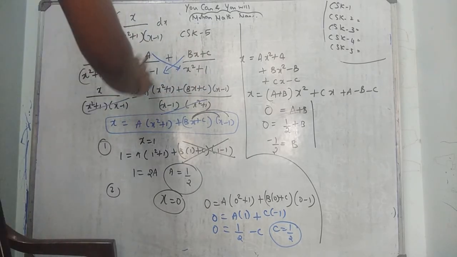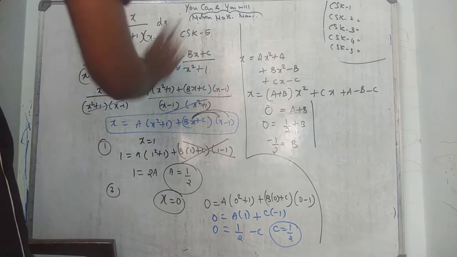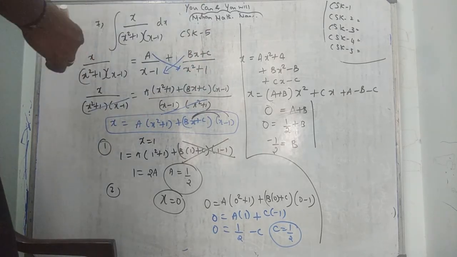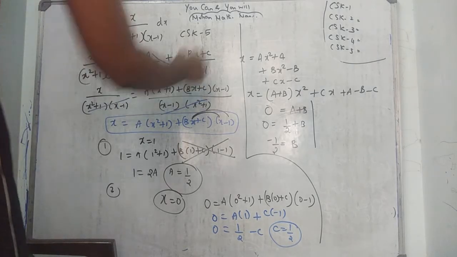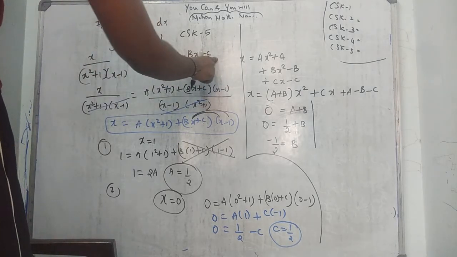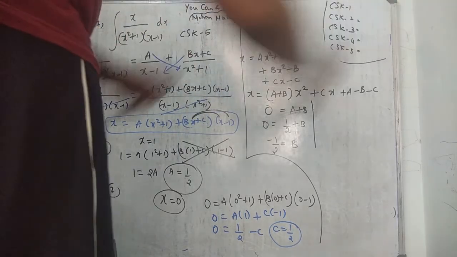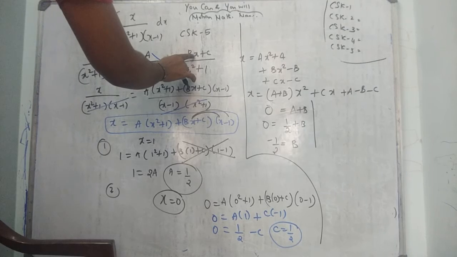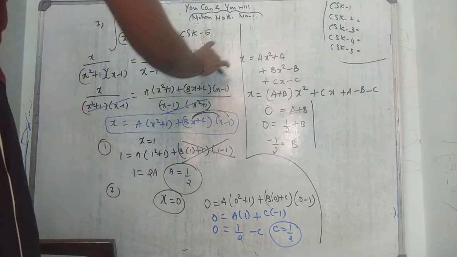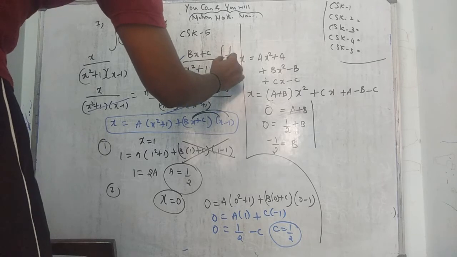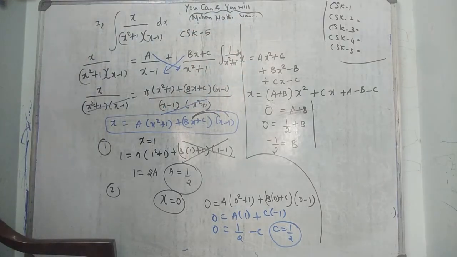I1 integration is log of I2 in father upon child plus mother upon child form, then it will be very easy for you. In father upon child, x upon x square plus 1, plus mother upon child, take 1 by 2 out, 1 upon x square plus 1. Multiplying and dividing by 2 gives log of I3, and for the integration of 1 upon x square plus a square you can use the formula.